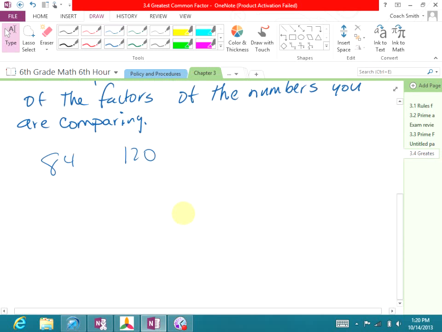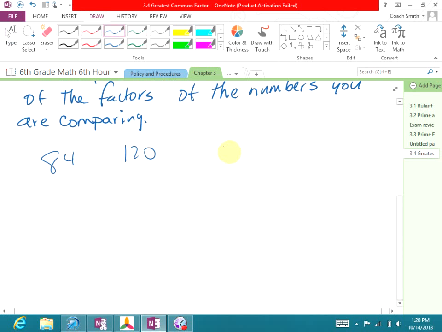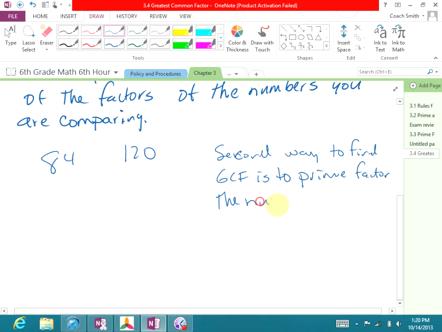The easier way is this. The second way to find the GCF is to prime factor the numbers you are comparing.